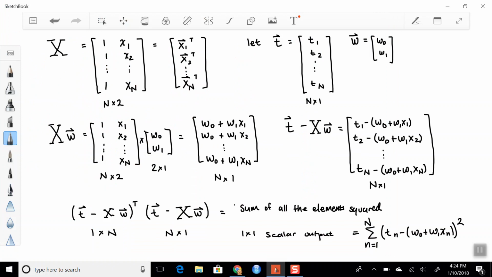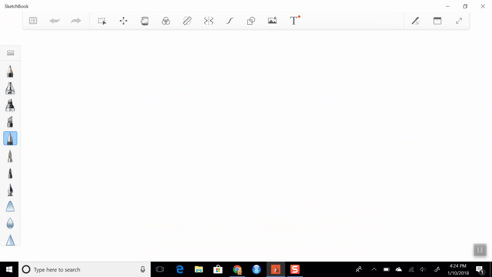All right. Can I go to the next slide here? Great. Okay. So what we have now is we've now defined our loss function as 1 over n times the vector t minus x w, transpose, times t minus the matrix x w.